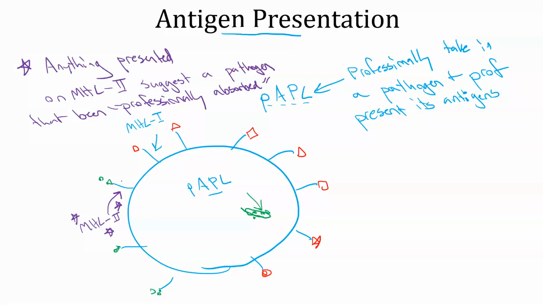Okay, so that's what makes a professional antigen presenting cell unique, is that it can express antigens on this unique flagpole, which is called MHC class 2.